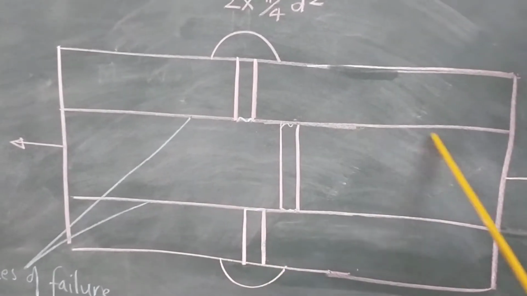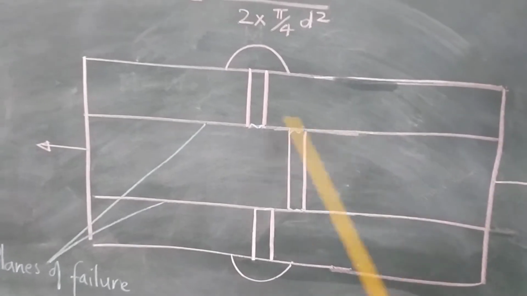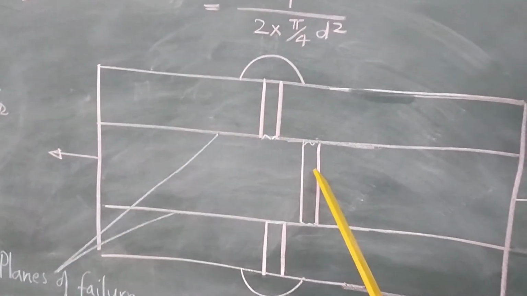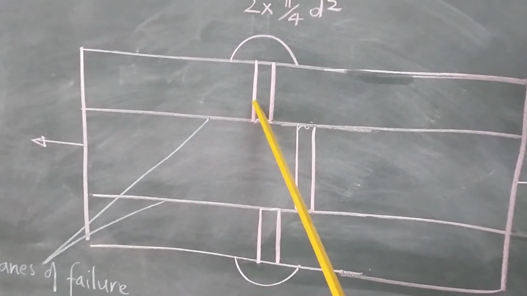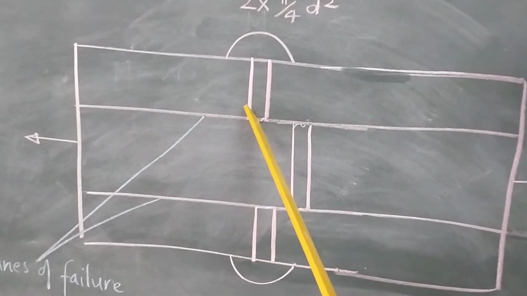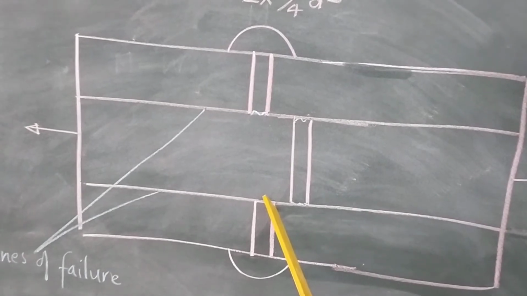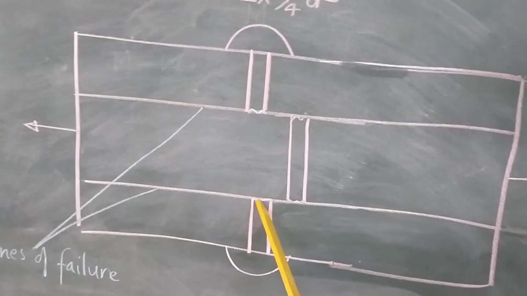So, this is the piece which will come out due to these applied opposite loads, and it will cut this rivet in three sections 1, 2 and 3. The shear stress will be at this and this end, and that is why this is a double shear stress.